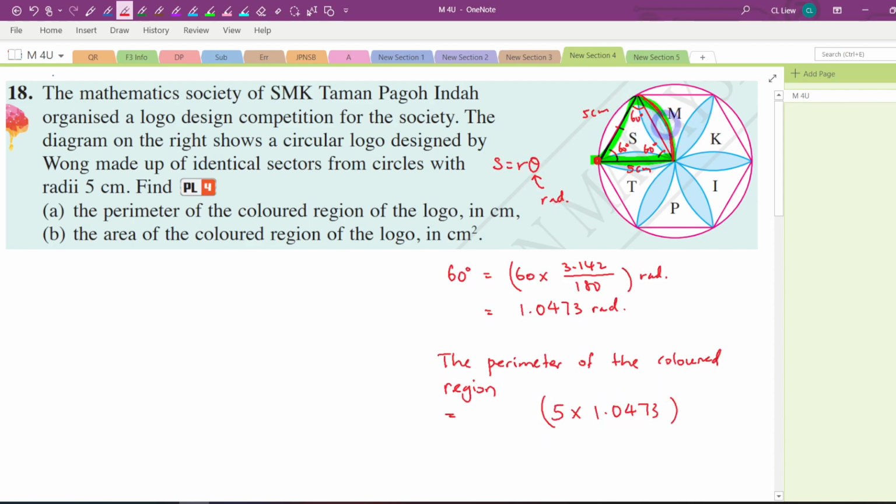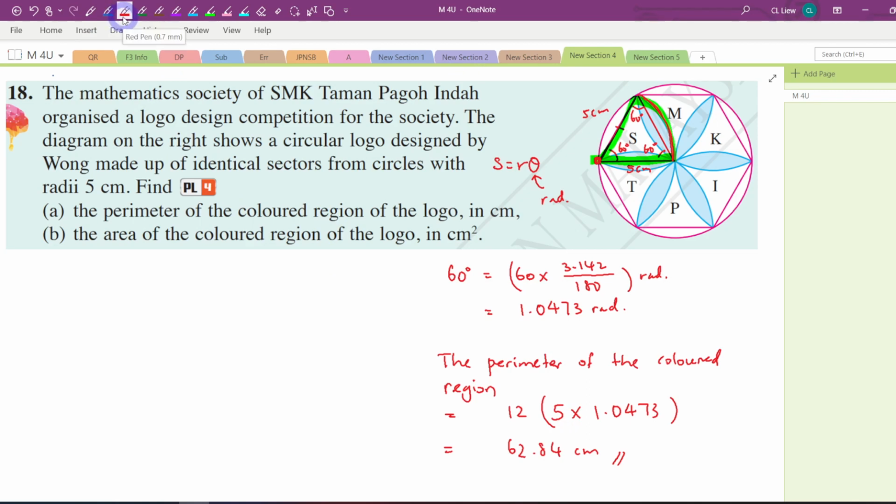But we have 12 of it, so we multiply this by 12. Just press your calculator: 12 times 5 times 1.0473 gives 62.84 centimeters. This is the answer for part A.